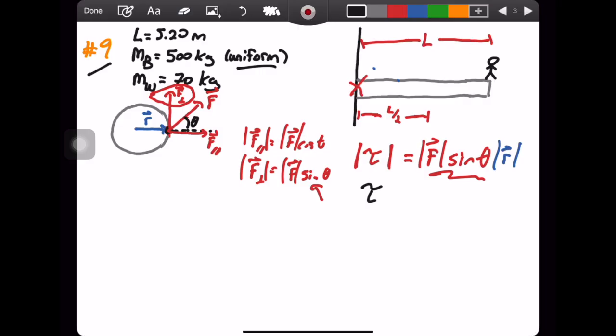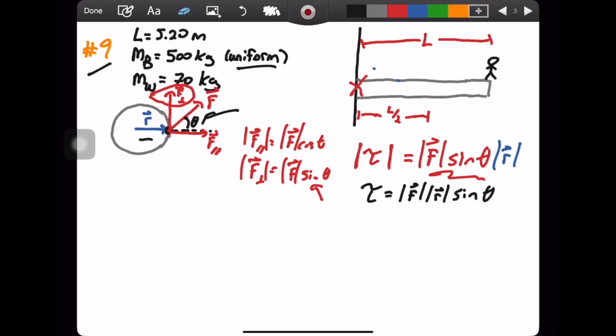So just to show it in the more common notation, you have the magnitude of the force, the magnitude of the position vector. In this particular case, the magnitude of this position vector is just going to be the radius of that circle. And then you have the sine of the angle between the two, where again that theta is right there.